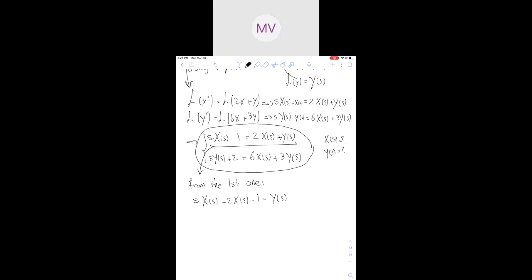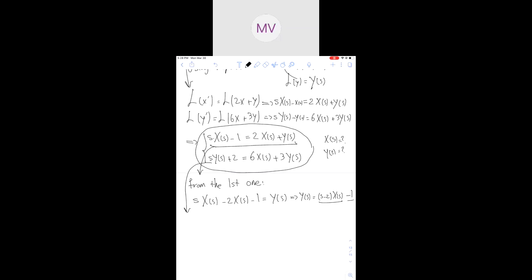That's it. Now go ahead and plug it in the other one. Let's first of all simplify the left side. So here, y of s is going to be s minus 2 times x of s, then minus 1. These are two different terms.